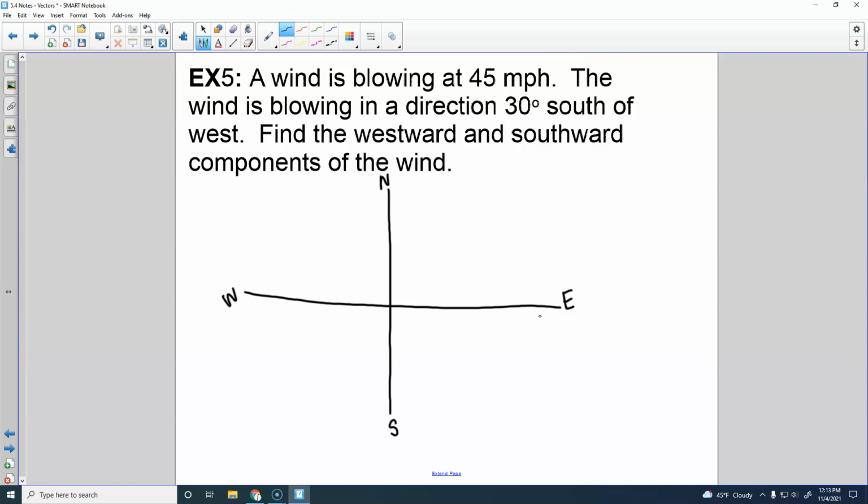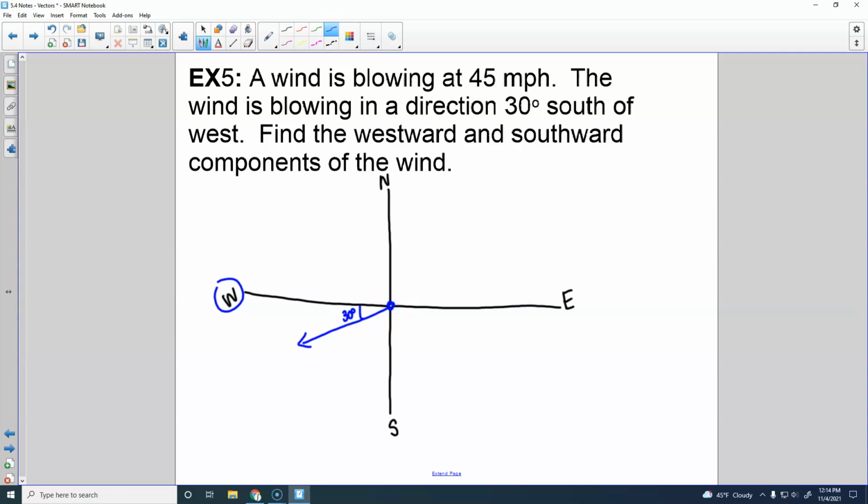My wind is blowing 45 miles per hour in a direction 30 degrees south of west. West is our main direction. We're going to the south of it 30 degrees. So we would draw it like this.